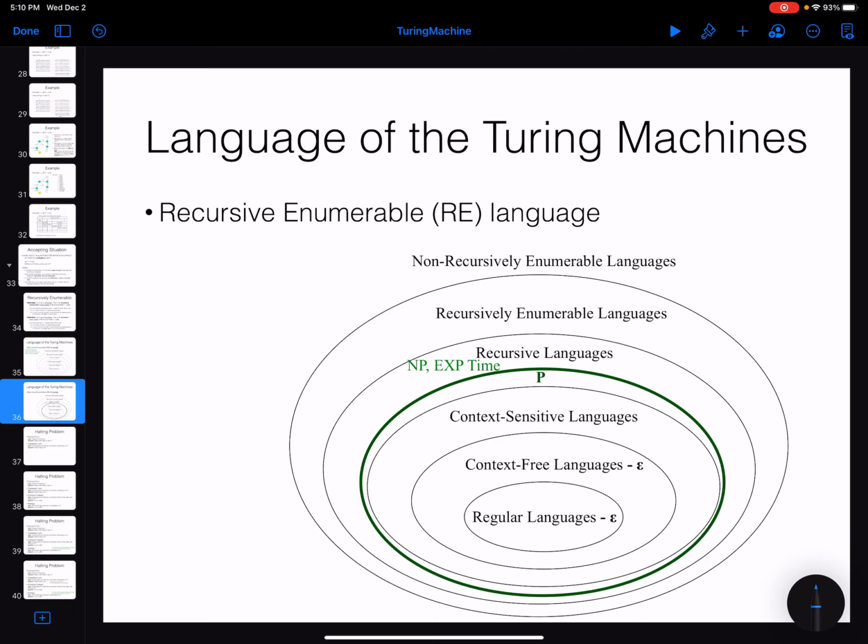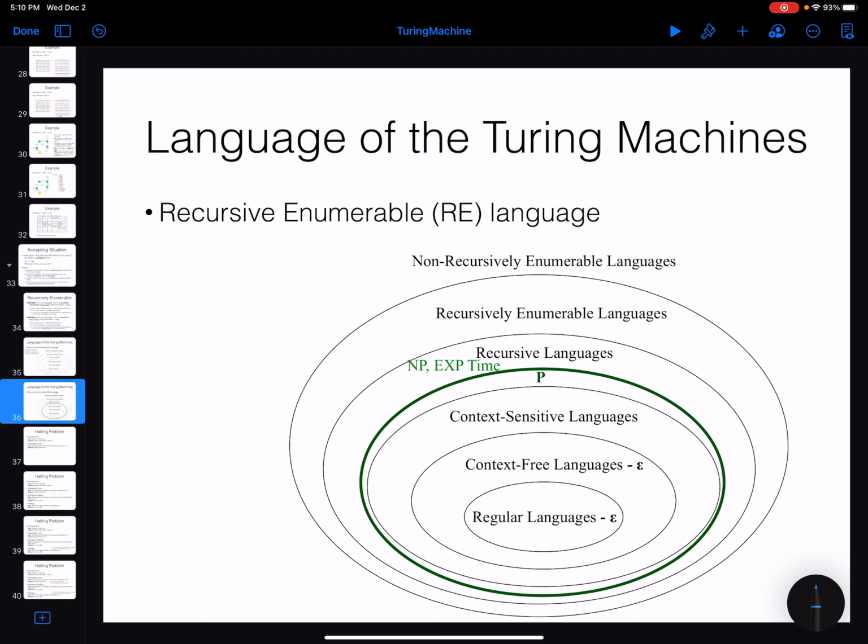We have a set of problems which we call NP. For those problems, we don't know if there is a polynomial time solution or not yet. No one has found any polynomial time algorithm for them.